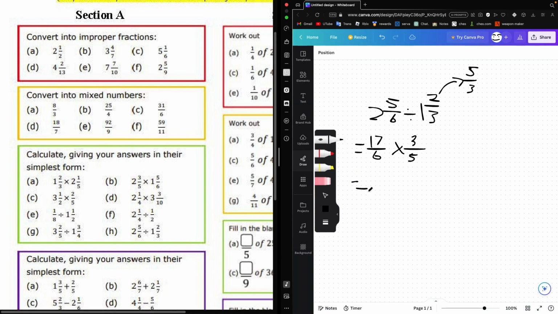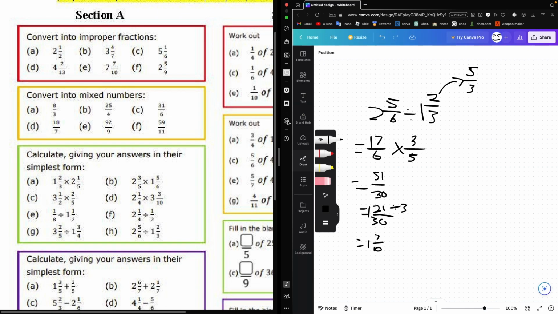Which also equals 17 times 3, 51, over 30. Mixed number, 1 and 21 over 30, which can be simplified because they both can be divided by 3. 1 and 7 over 10.